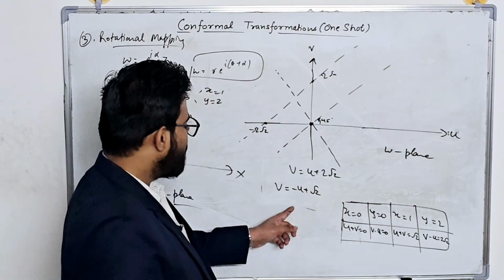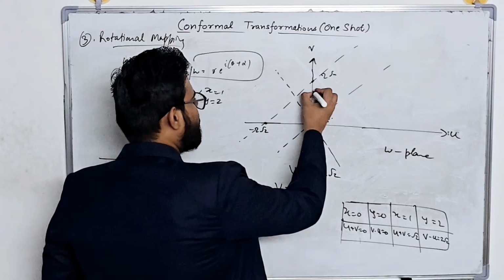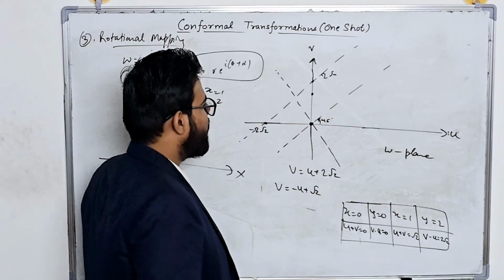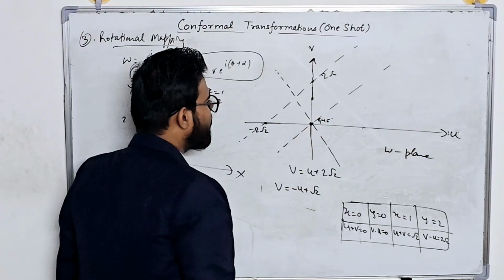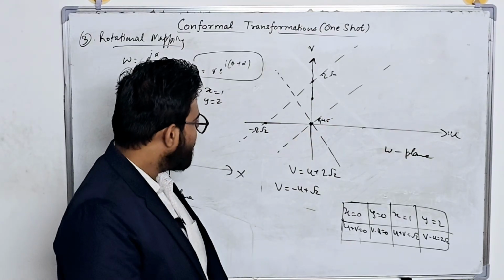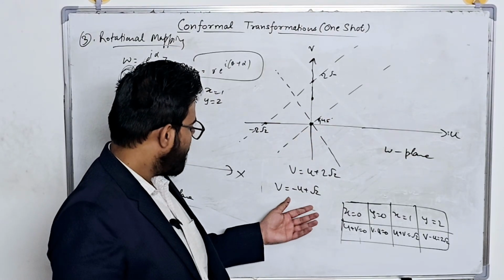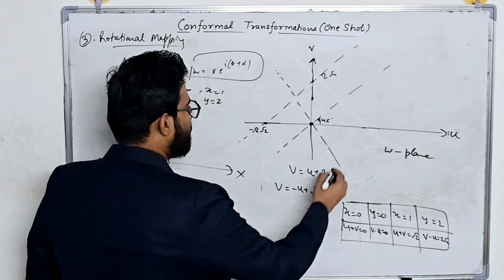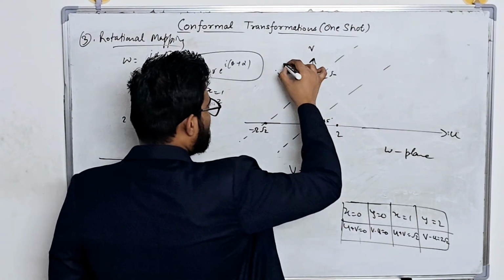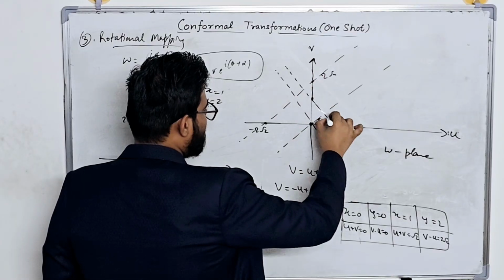So when u is equal to 0, v is somewhat over here, it should be in the middle, I guess. And when v is equal to 0, then we have u is equal to root 2, somewhat over here, right? So it is going like this.